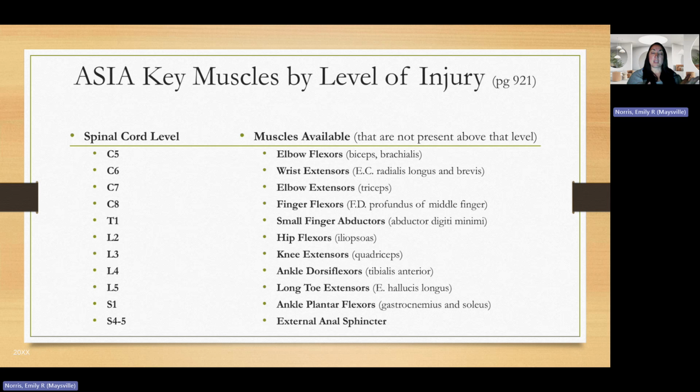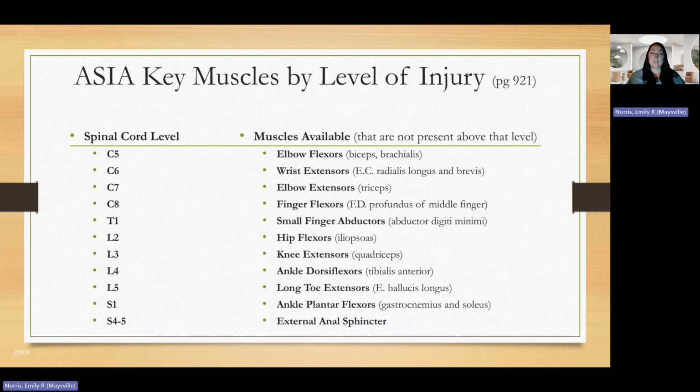But the key muscles that they have access to would be the elbow flexors. So if they have a C5 injury, the good news is they can still actively flex their elbows on their own and use that for mobility. It's what muscle groups they still have available, so you can help figure out what type of functional movement they have.